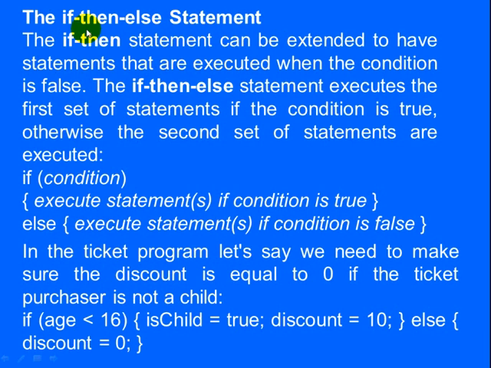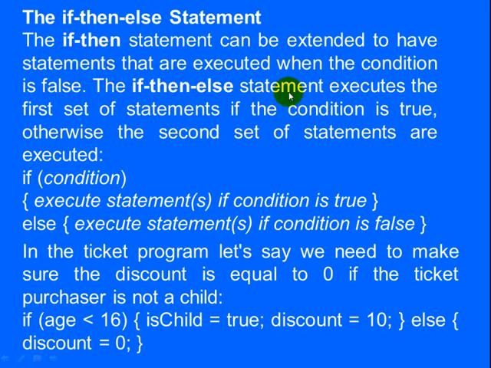Then we have the if then else statement. The if then statement can be extended to have statements that are executed when the condition is false. Although this else part is optional, we can extend the if then statement to have an else part.